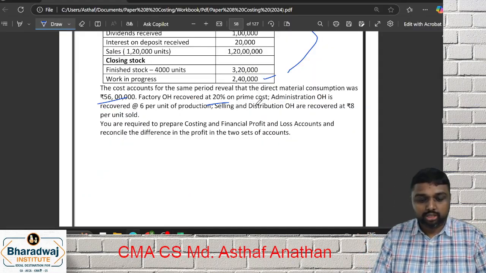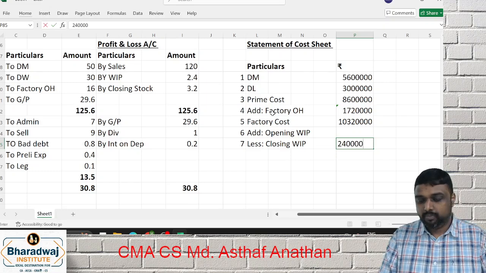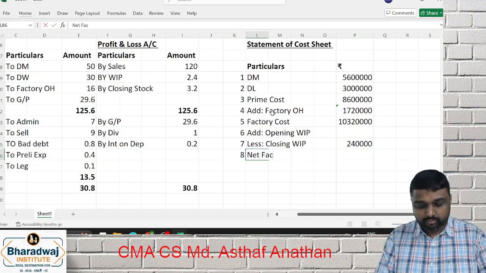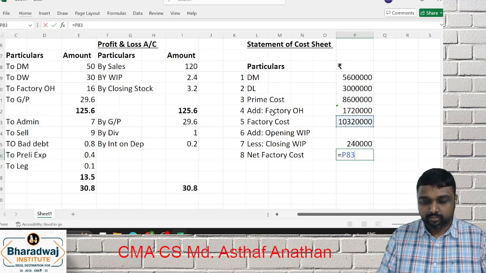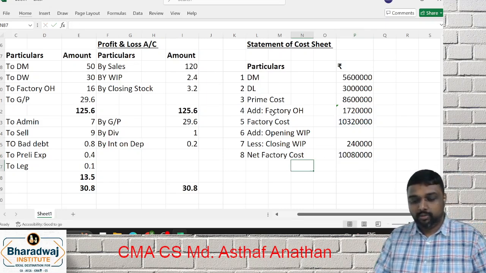So both are cost only. So WIP you have to take what? 2 lakh 40. So your net factory cost will be 10 lakh. Now you have to add what?